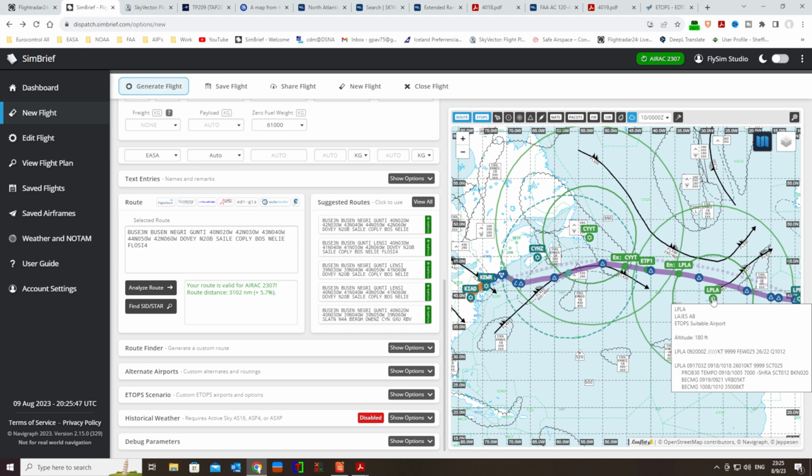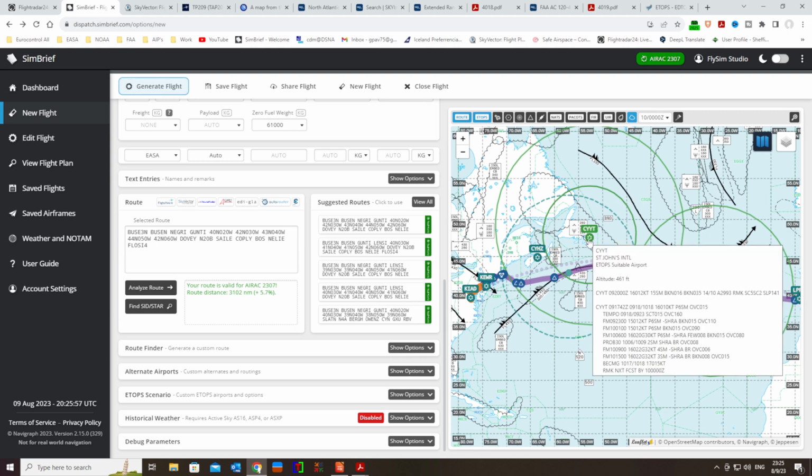All right, okay, no major issues. I think I can go with that airport also, an ETOPS exit point. Yep. And this is our other, St. John's. Yes, yesterday I picked the same airport, and there are some gusting winds.